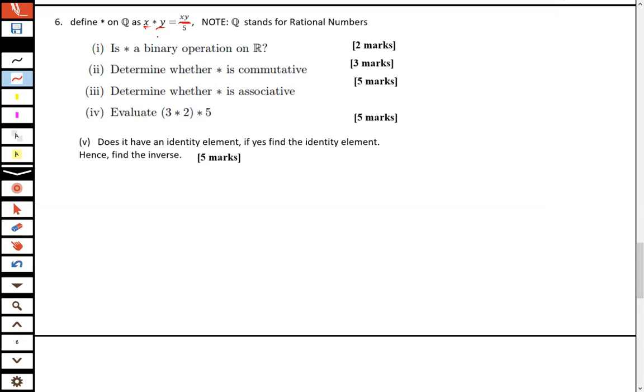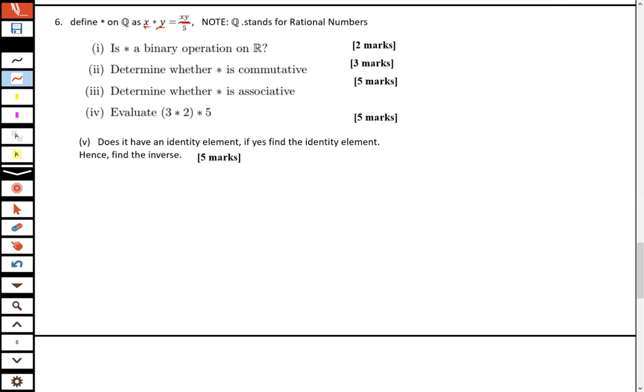If there's no such possibility, then star is a binary operation. But if there is a chance that you replace any two rational numbers for x and y and the answer is not a rational number, maybe an irrational number, that implies that star is not a binary operation.